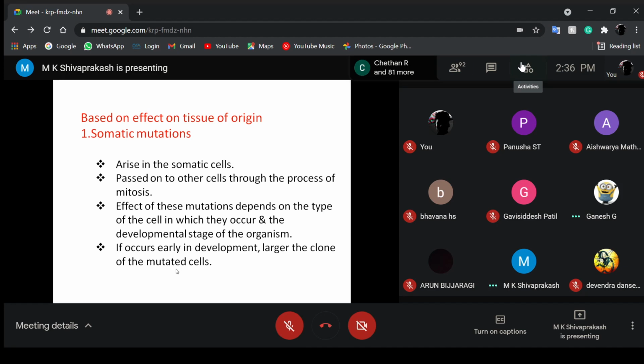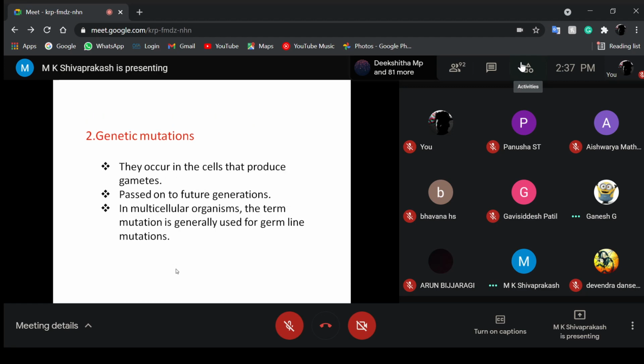But if the part where that change has occurred is crucial, then the effect would be quite high. If it is a sensitive organ, and also the stage of the organism matters.